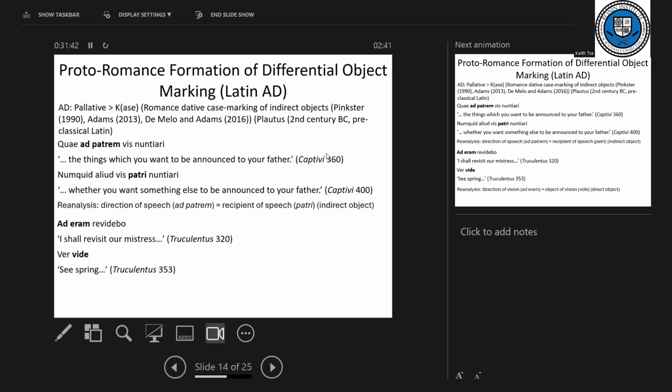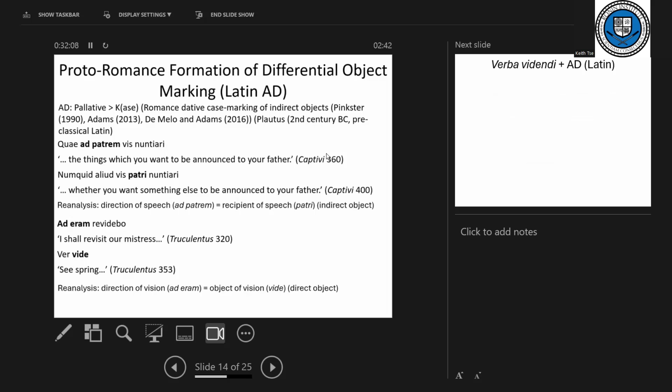Elsewhere in Plautus, for example in the Truculentus, verbs of vision can also take ad. So, for example, ad eram revidebo. Videre is a two-place verb. They usually take a direct object in the accusative. Reanalysis: direction of vision equals object of vision.